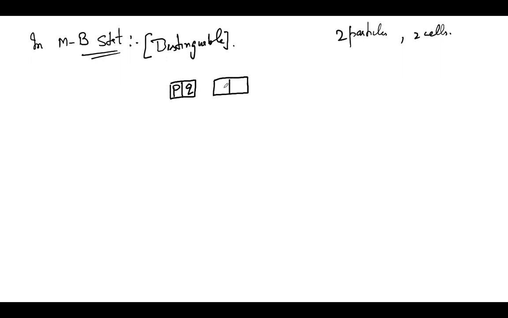There is a chance that they will change their positions, and there is a probability that both particles can be present in one cell, either the first cell or the second cell. So in classical statistics, each or both of the particles can occupy any one of these two cells. Thus in this case we have four possible arrangements.